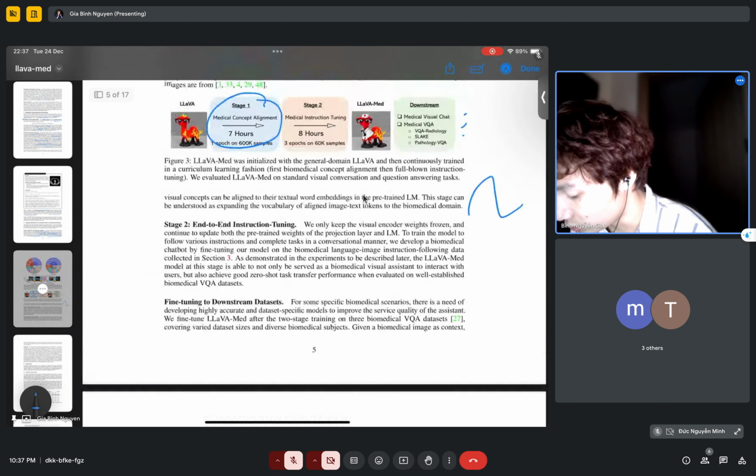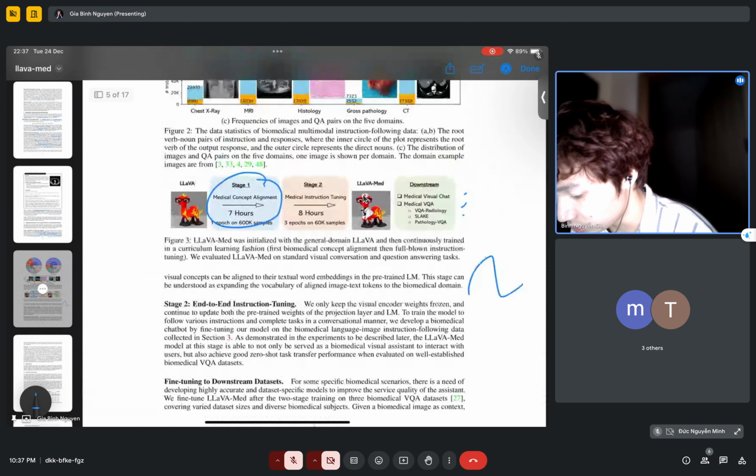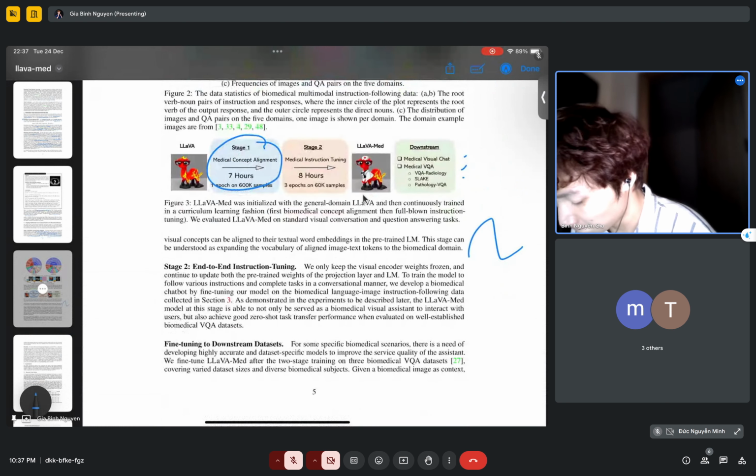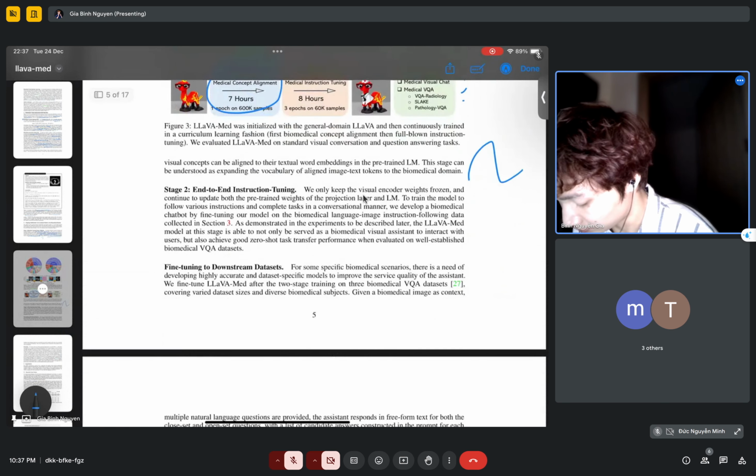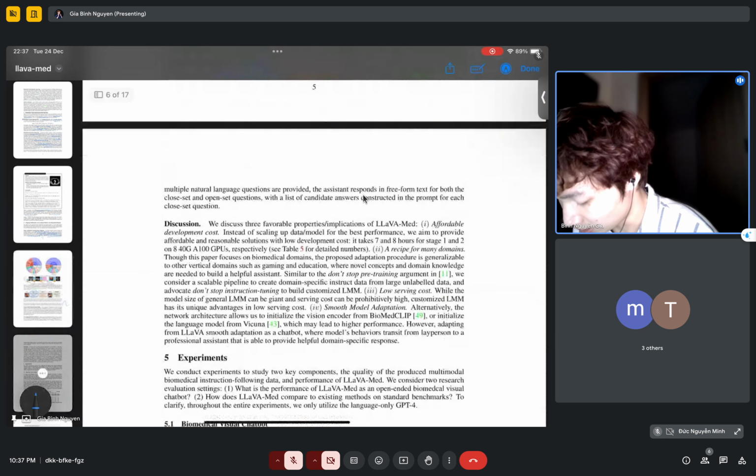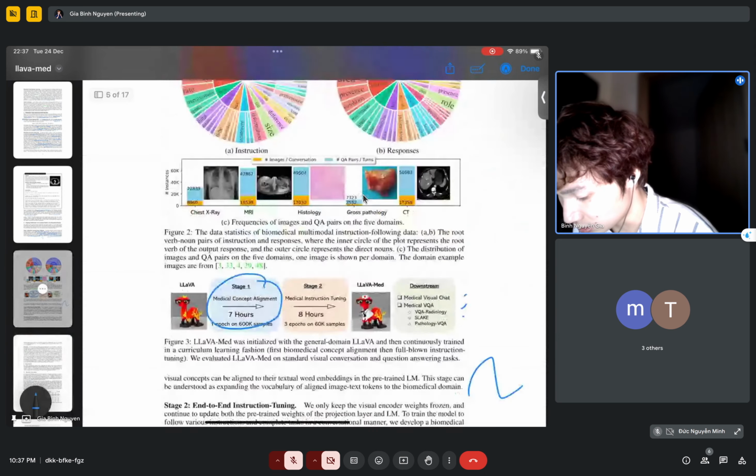The second one is a public dataset. Give me a minute and I will find this information.